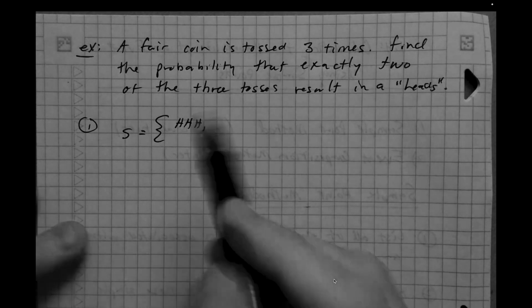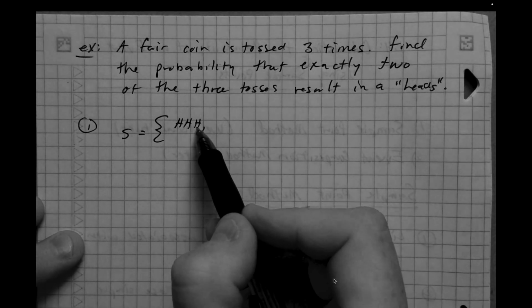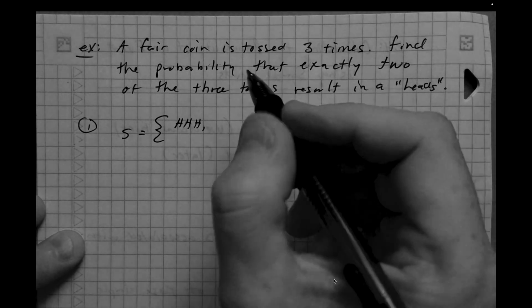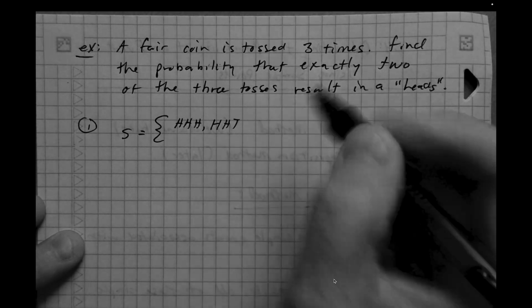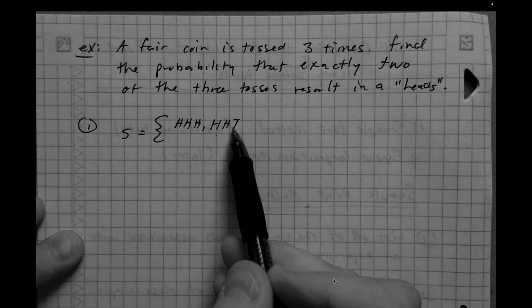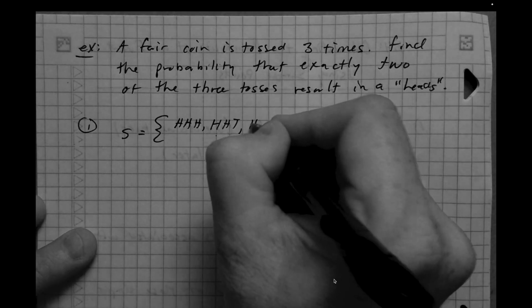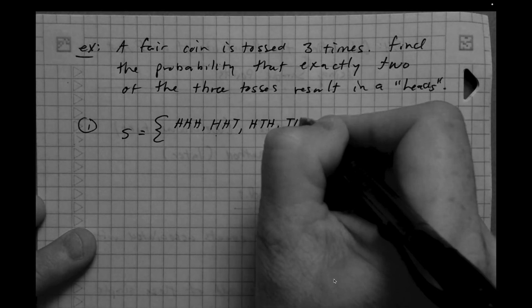That means first toss I get a heads, second toss I get a heads, third toss I get a heads. Okay, another element in the sample space will be HHT. Heads, heads, and then tails, right? So first and second are both heads, and the third toss is tails. Right, and so on. We can kind of go through this, HTH, and then let's do THH.